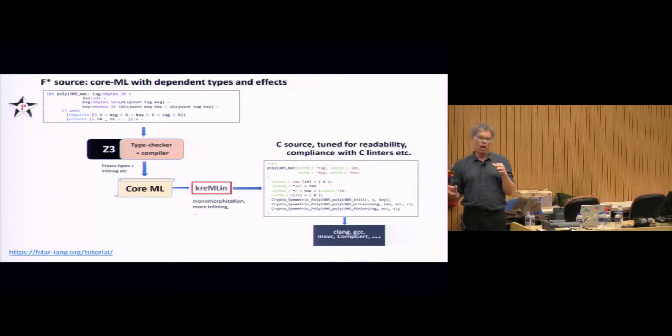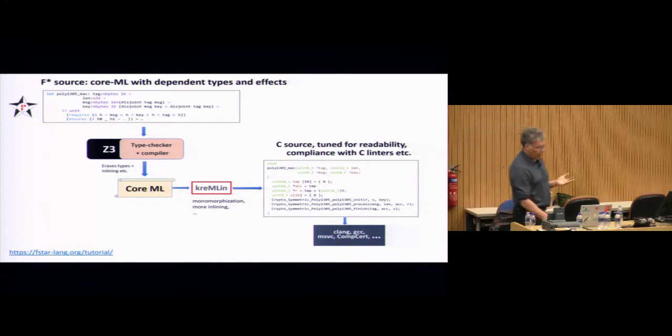Because remember, the goal here eventually is to go to C programmers and say, we've done all this verification work, and what are we going to show them? Well, if we show them a binary, they can't read it. So we should show them in a language that they read, and it should be well formatted and stylistically pleasant.